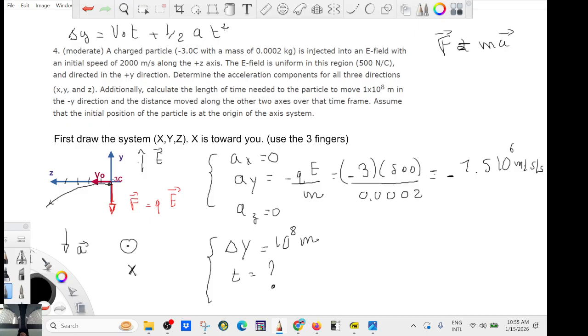From kinematics, the displacement, how far you're going to go, depends on the initial velocity and the acceleration at the time elapsed. It's zero, right? No initial velocity along the y. It's 0 plus 1/2 the acceleration, the time squared.